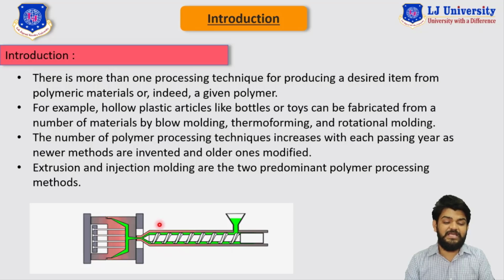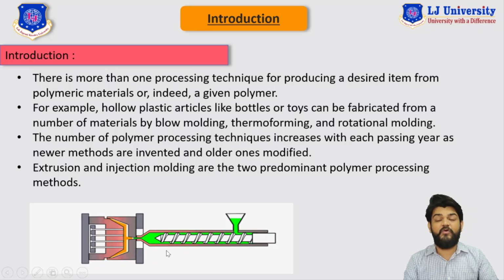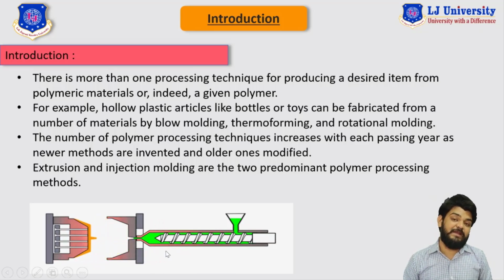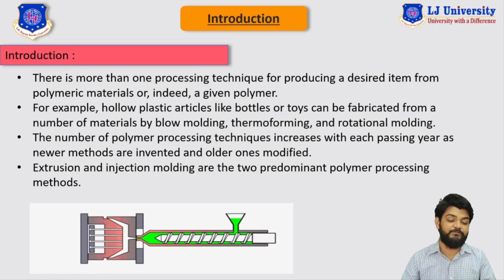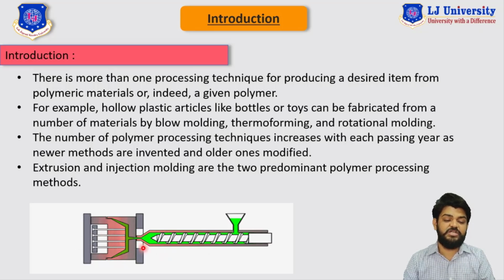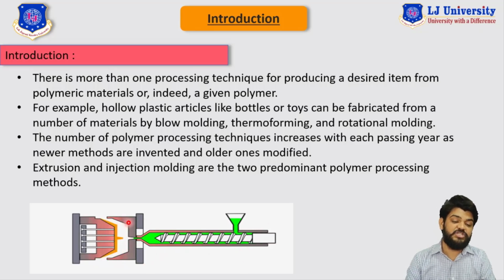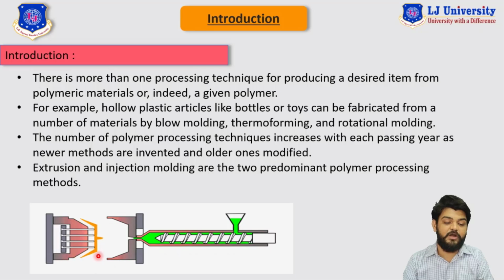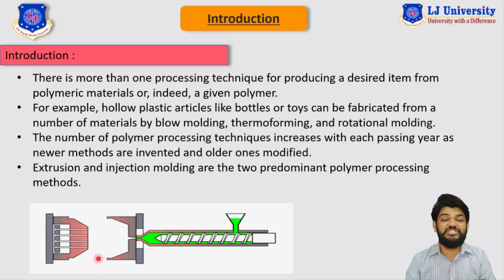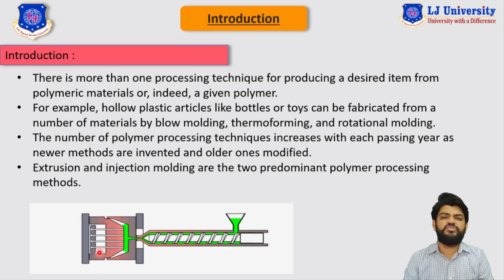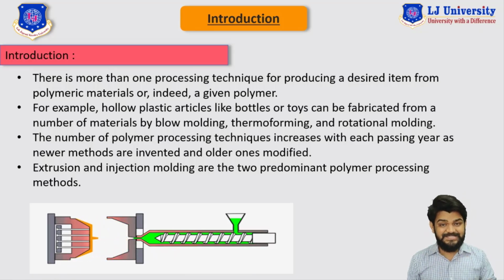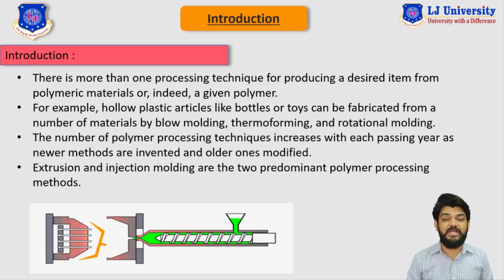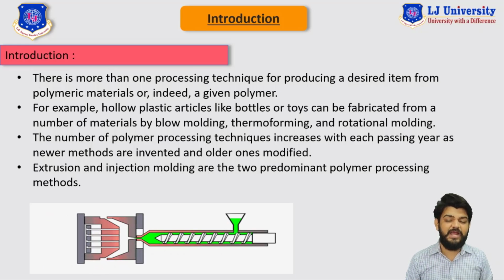So this is the injection molding type of unit process that can be used to convert our raw polymer into useful polymer, right? The green section is our raw polymer, and by injection molding we can see that we have produced our useful or desired shape of the polymer. So this is the animation for injection molding. We are going to discuss injection molding in more detail in upcoming videos, right?